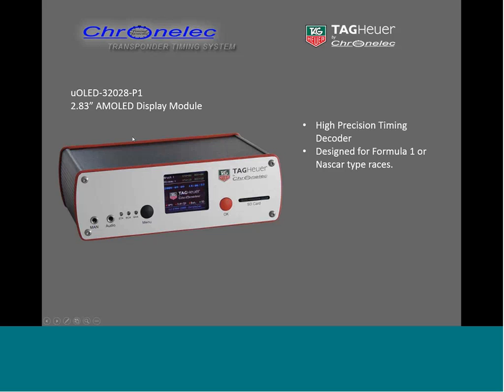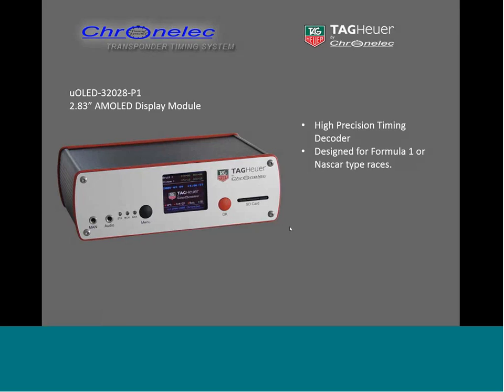So here's a high precision timing decoder that's used in Formula 1 or NASCAR type races. There's a display in this product, an old AMOLED module that we used to have, a 2.83 AMOLED module that TAG Heuer and Codeless are using in their products.